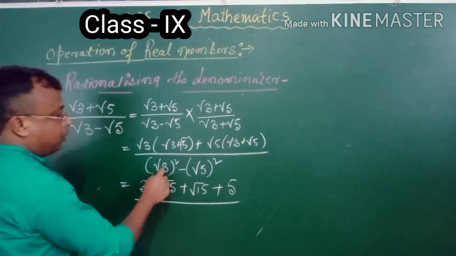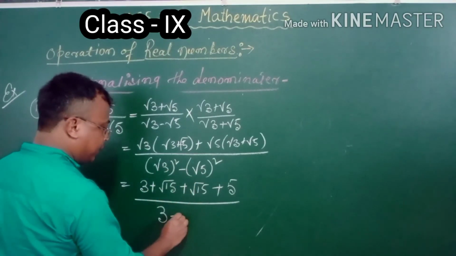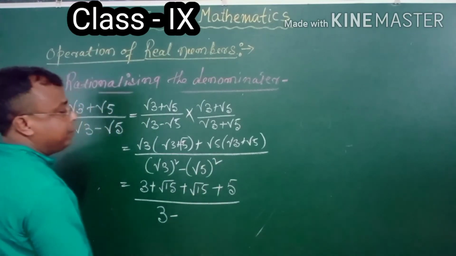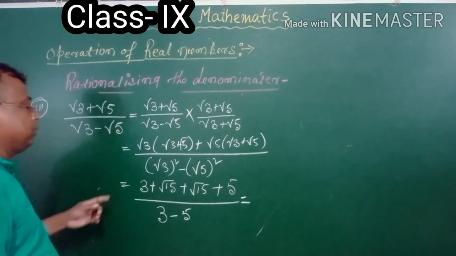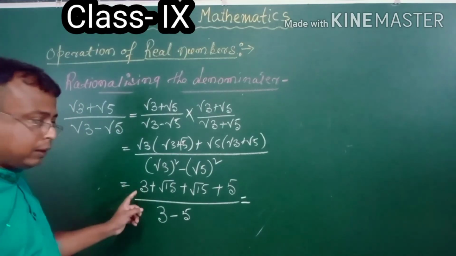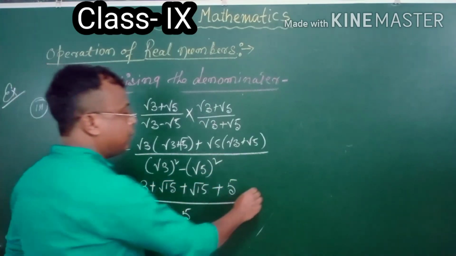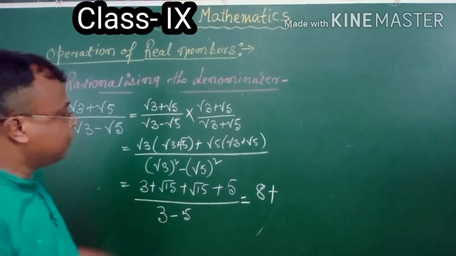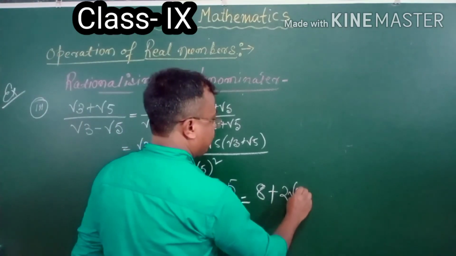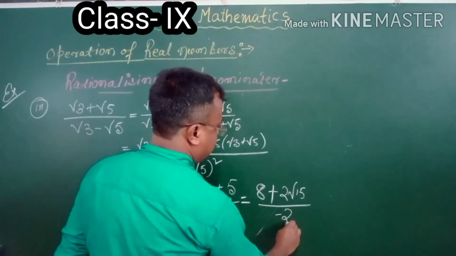Now root 3 square, 3 into root 3 into root 3, 3 minus root 5 square, root 5 into root 5, this is 5. Okay? So is equal to, now add the like terms. What is the like term of 3? It is 3 plus 5 is equal to 8 plus root 15 plus root 15 is 2 root 15 divided by 3 minus 5, minus 2.